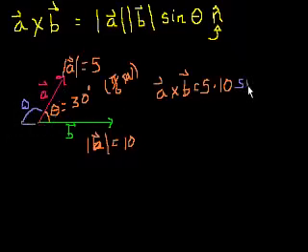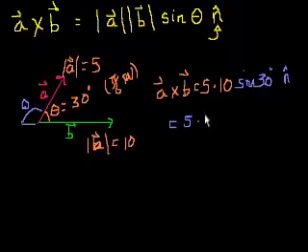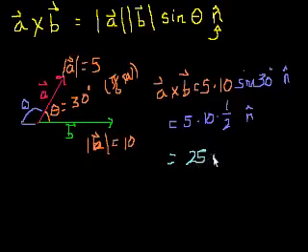So it's going to be sine of 30 degrees times this vector n, and it's a unit vector, so I'll go over what direction it's actually pointing in a second. Let's just figure out its magnitude. So this is equal to 50, and what's sine of 30 degrees? Sine of 30 degrees is 1/2. You could type it into your calculator if you're not sure. So it's 5 times 10 times 1/2 times the unit vector. So that equals 25 times the unit vector.